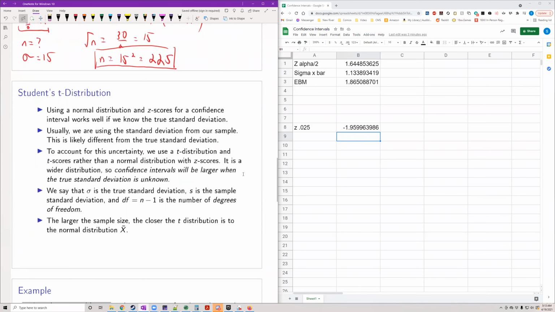Now, there's one big problem with what we've been doing up through here. What we've been doing is making assumptions that the actual standard deviation is the same as the one we calculated. And that's just typically not the case. If we find a certain sample, not only is the mean we got from that sample an estimate, but so is the standard deviation.